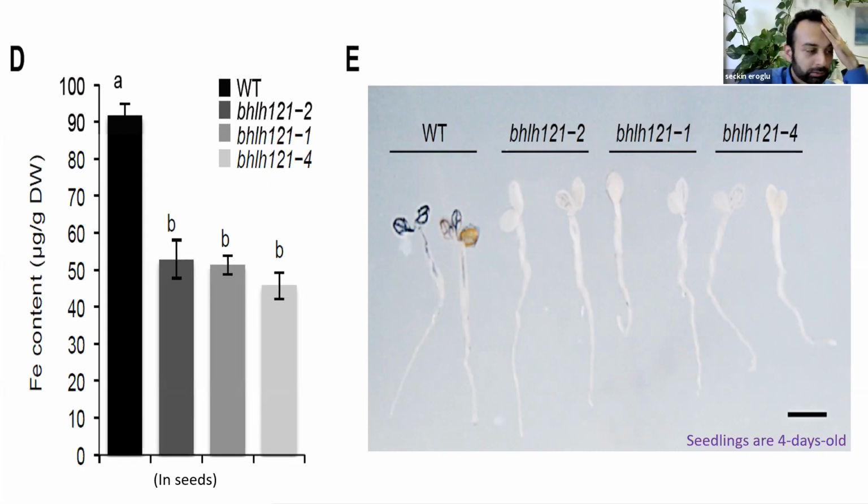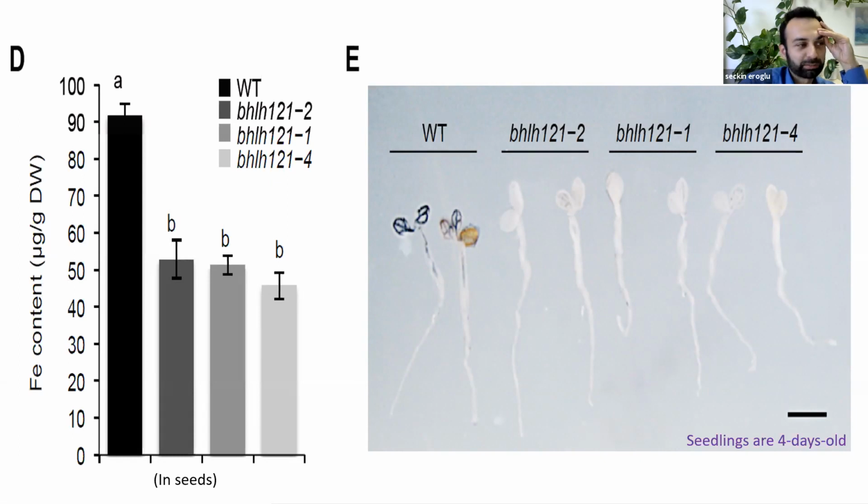It is very expected that if the plant cannot get enough iron from the environment, of course there will be less iron in the seeds.